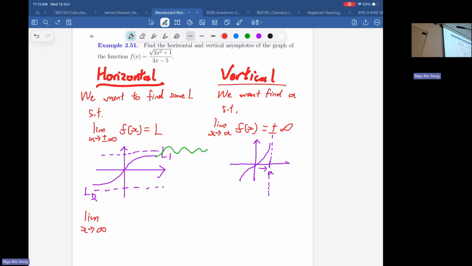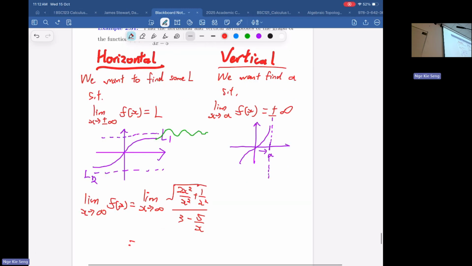Let's compute for one of the infinities first. To divide by x, inside the square root you should divide by x squared as well. You put the x into the square root, it becomes x squared. And then this one becomes x minus 1. All together, what do you get? Square root of 2 plus 1 over x squared, over 3 minus 1 over x.